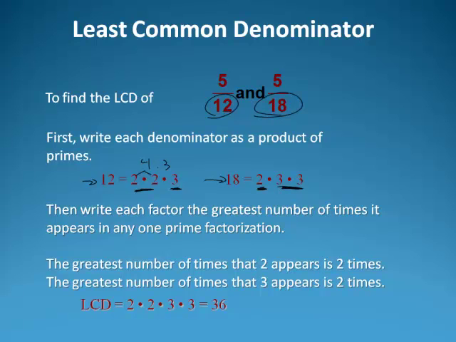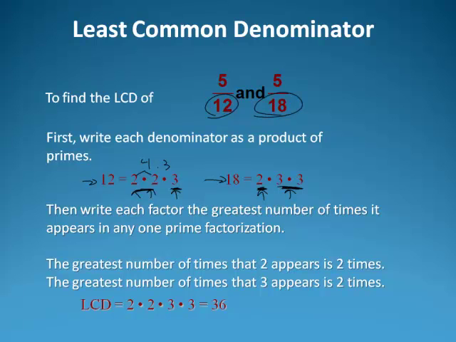For example, in 12, we've got 2 2's, and in 18, we've only got 1. Okay? We've also got a factor of 3. That 3 appears once in that first number and twice in that second number. So we are interested in any one factor, what is the greatest number of times a factor appears.